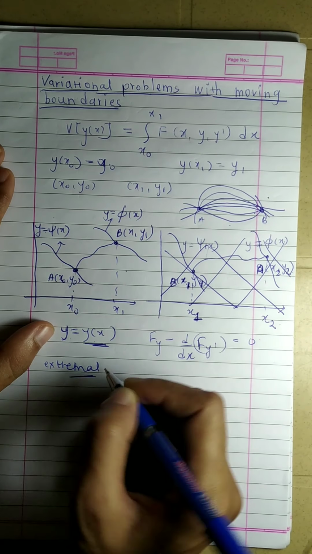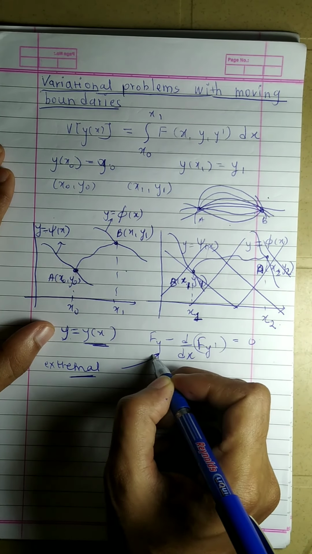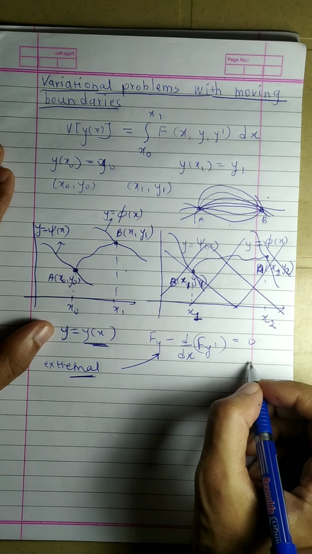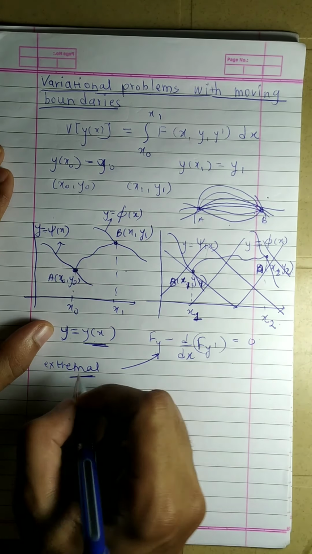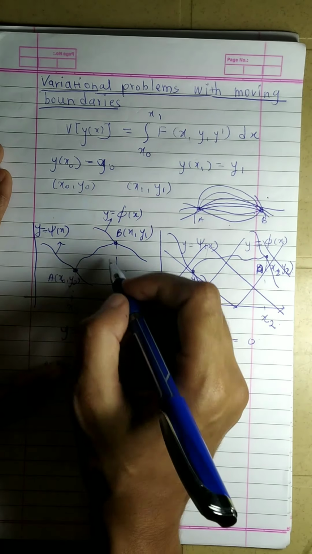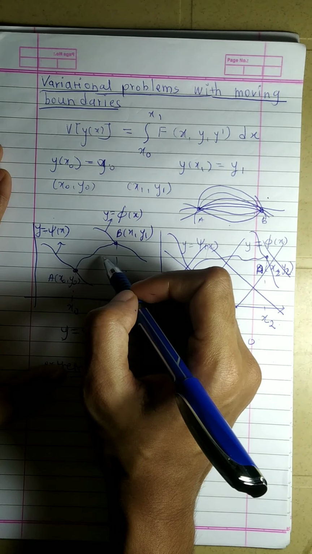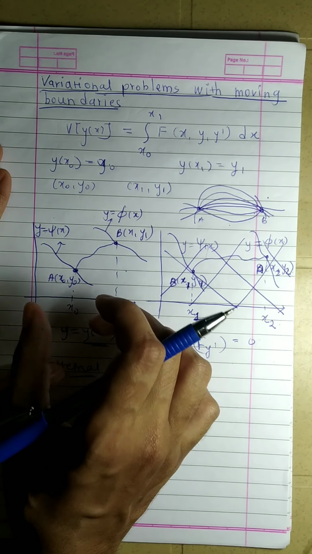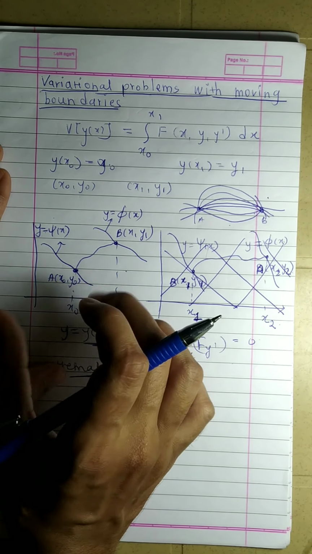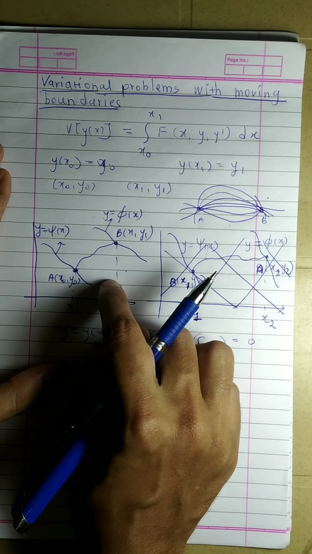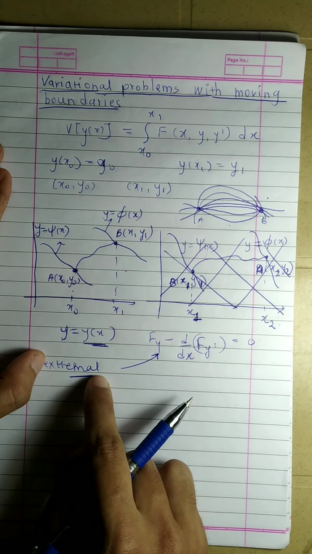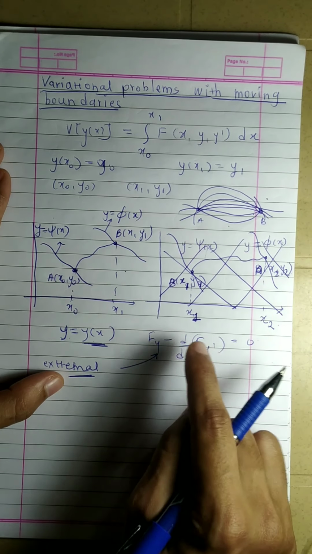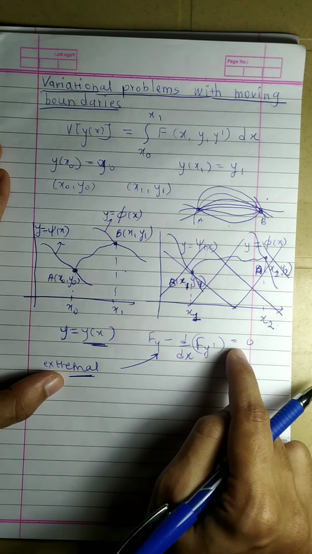It must be an extremal. Means what? The solutions of this Euler-Lagrange differential equation are called as what? Extremals, that we have already seen. And because of that we say that whatever is the solution of this problem, that means that curve on which the extremum is attained in the moving boundary problem, it must be an extremal. It must be an extremal means it must be a solution of the Euler-Lagrange differential equation.